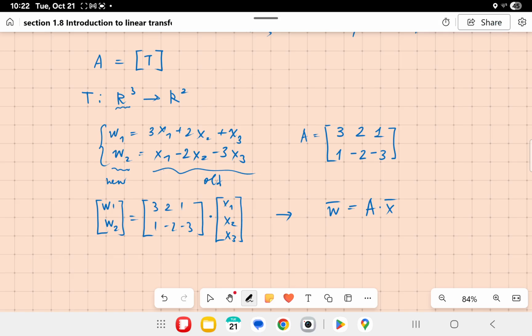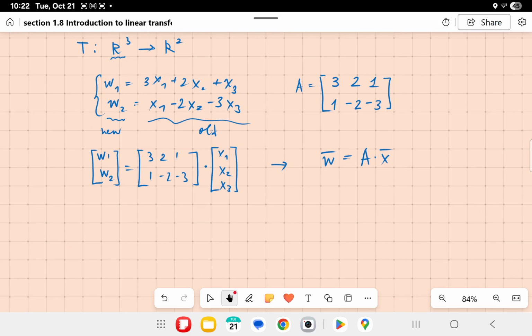So now, for example, let's talk about this transformation. What is going to be the image of a vector? Imagine that we have vector x, which equals 1, 1, 2. What is going to be the image?